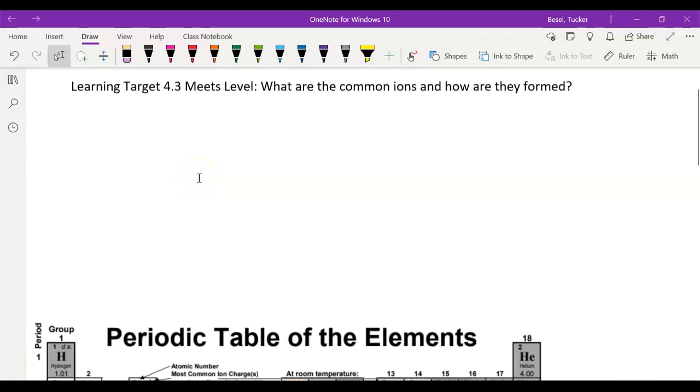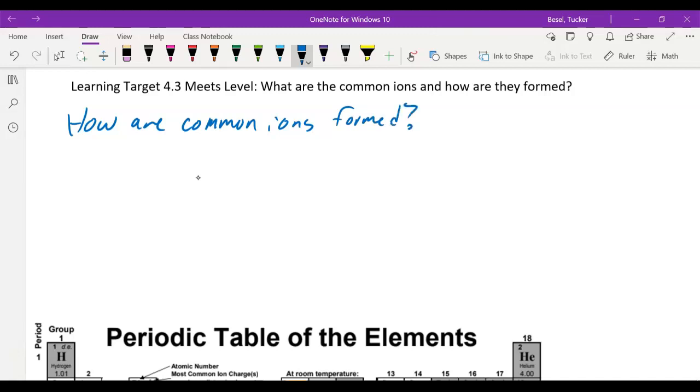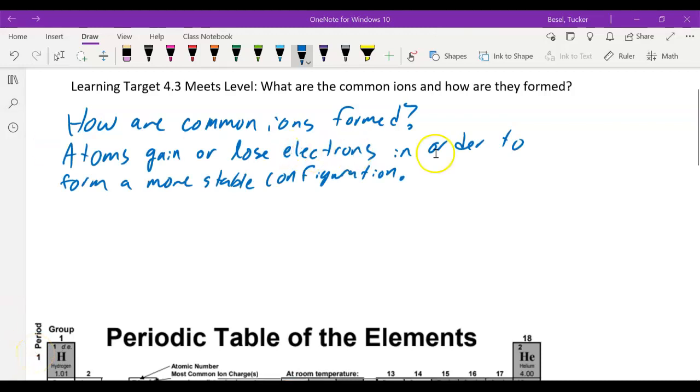So the first question that we're going to answer is: how are common ions formed? We kind of answered this in a previous video, but here it is again, in case you need it. Atoms gain or lose electrons in order to form a more stable configuration. To do this, they follow a rule known as the octet rule.